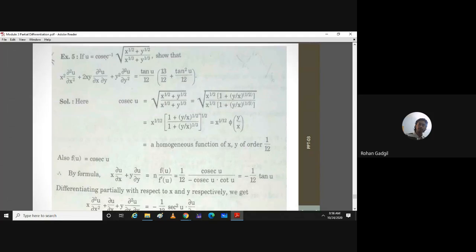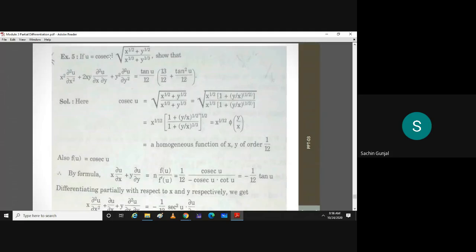So the first corollary is not applicable. First corollary is for a homogeneous function. So we will have to apply the third corollary.